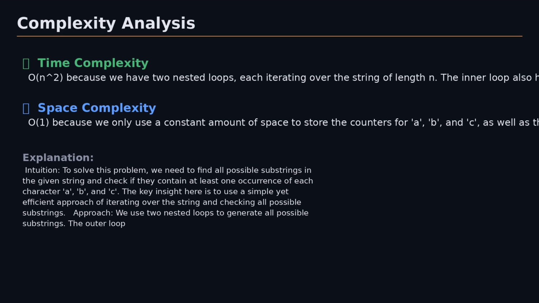The space complexity is O(1), because we only use a constant amount of space to store the counters for A, B, and C, as well as the result. The space used does not grow with the input size n, making this solution very efficient in terms of memory usage. And that's it, folks. That's the solution to the number of substrings containing all three characters problem.